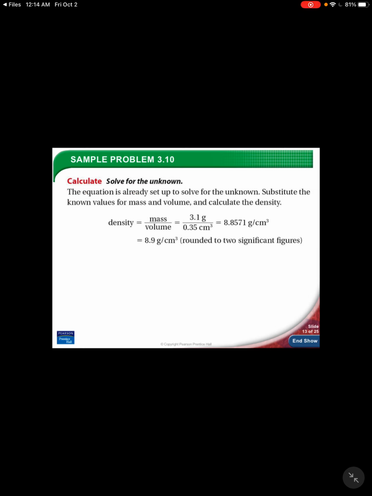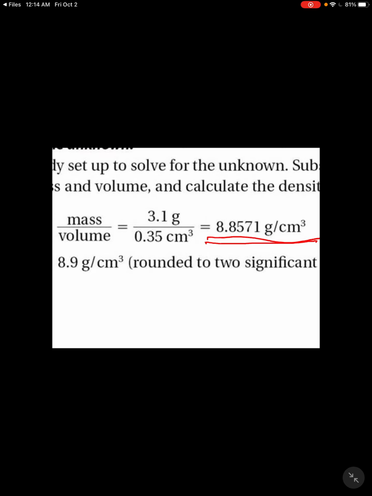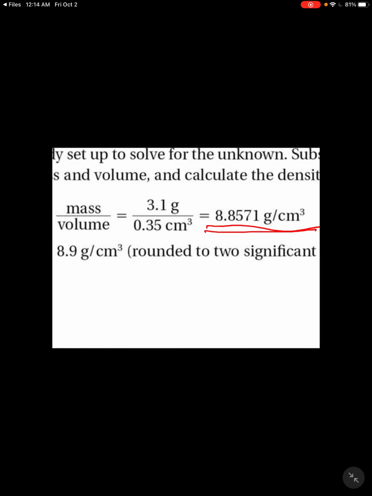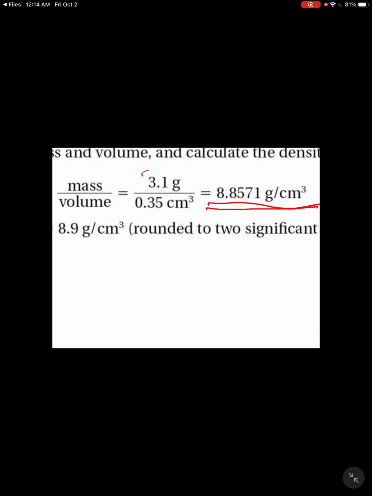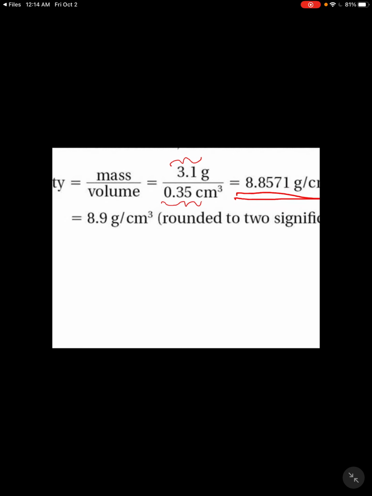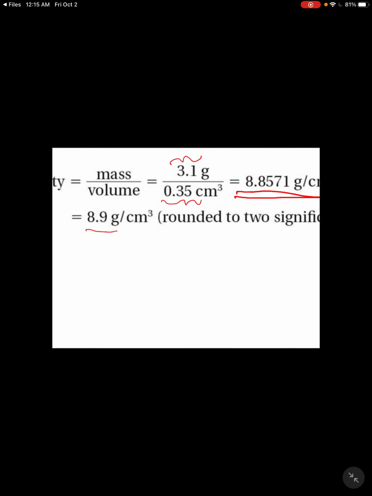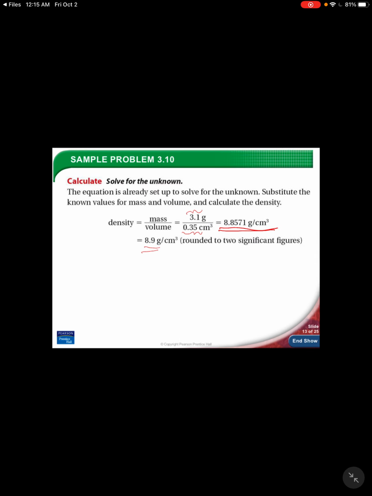If you plug in the numbers, you will get 8.8571 in your calculator. But each of our numbers had 2 sig figs, so we need our answer with 2 sig figs, and we would round to the nearest digit and get 8.9 grams per cubic centimeter for our density of copper.